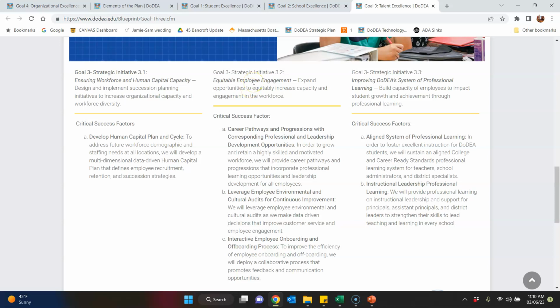So the second initiative is about equitable employee engagement. Your learning networks, and these courses that you're allowed to take where you can work towards a master's degree. Successful onboarding and offboarding. This means that when you hire someone, you give them the background of what everybody's doing.